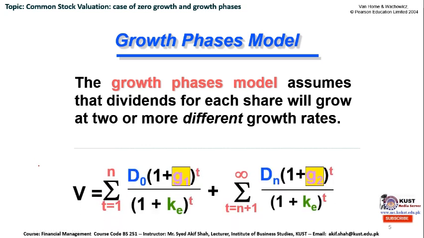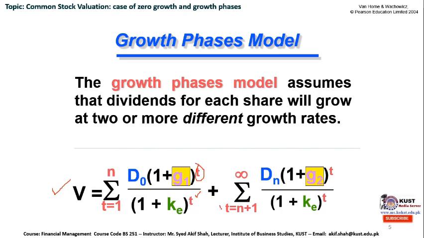So therefore, we'll shortly see an example related to a common stock having 2 different phases to grow its dividend. The formula for calculating the value of such common stock is to discount the initial time period or phase value up to time t, where the growth rate will subsequently change, like in this case, mentioned t over here.